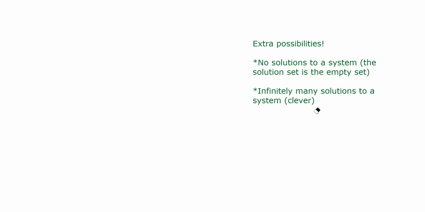You'll run into the case of infinitely many solutions when you end up with no variables and then you just get an arbitrarily true equation, like 4 equals 4, 0 equals 0, -3 equals -3. Not exactly helpful, but that's going to kind of be your clue that you're dealing with infinitely many solutions.